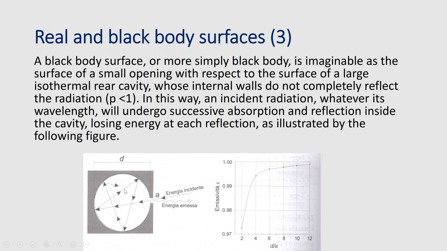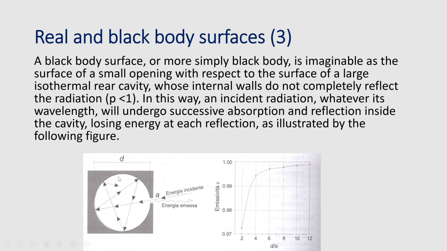In particular, here we have a section of this cavity where there's a very small opening, the point A, connecting the inner surface of the cavity to the external environment. So with respect to the surface of a large isothermal real cavity, this one, the internal walls, I mean the internal surface, here is circular.